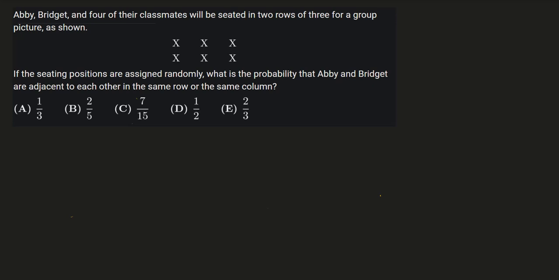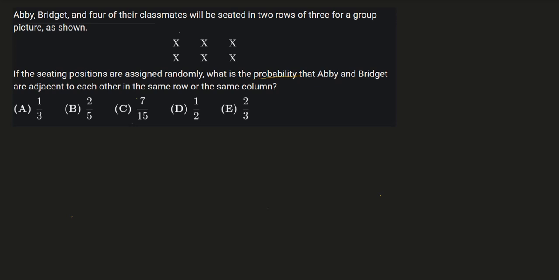So let's start from the easiest part. Since we are to calculate the probability of this event, that Abby and Bridget are sitting together, let's first calculate the number of outcomes in which you can arrange all 6 students for a group picture. That will be quite straightforward.